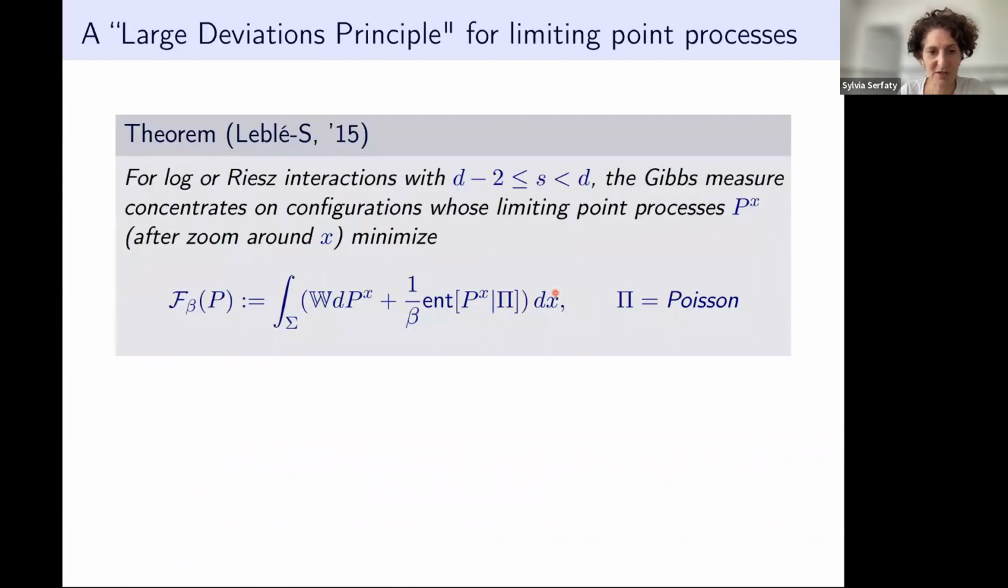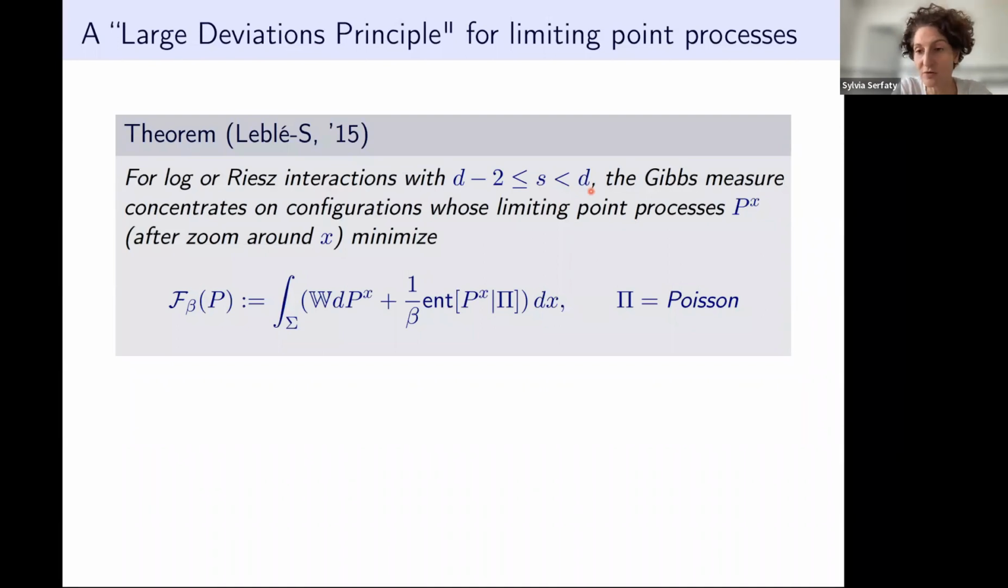Okay, so what we can prove is that in these systems, the Gibbs measures, for logarithmic or Coulomb or Riesz interactions, so the same classes of interactions, as long as S is bigger than D minus 2 and strictly less than D, the Gibbs measure concentrates on configurations whose limiting point processes minimize something.